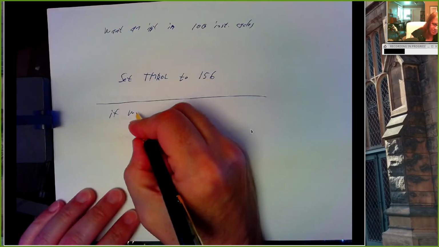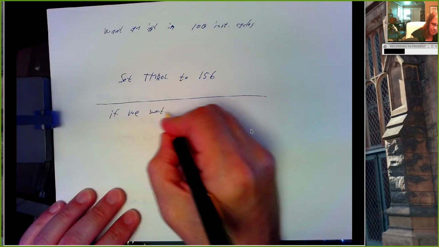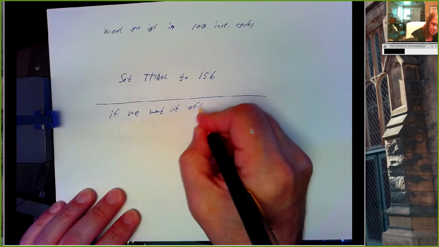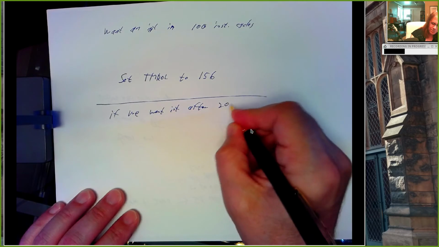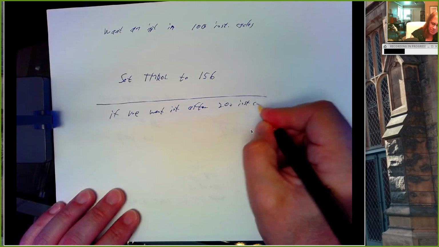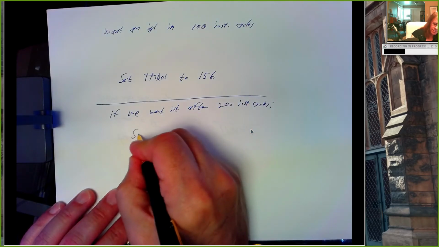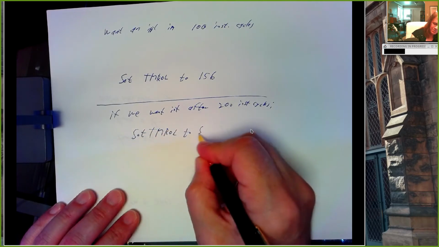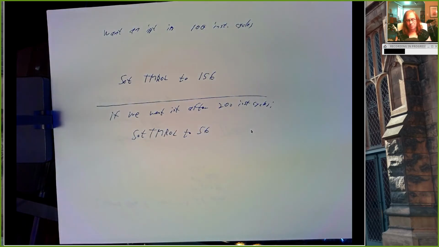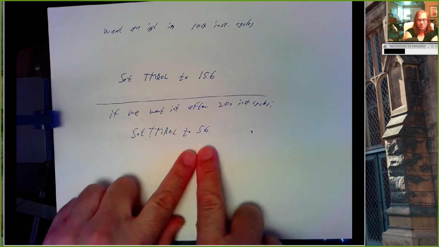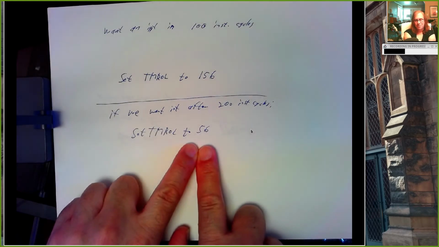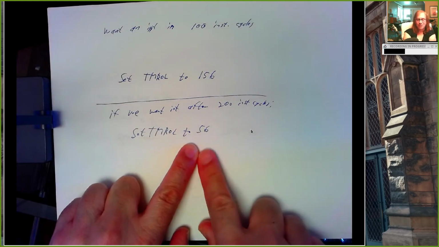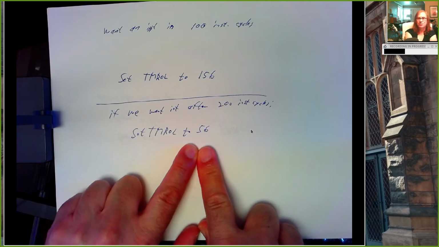So if we want an interrupt after 200 instruction cycles, set timer 0L to 56. Because of two things. One, every instruction cycle this will increment, which means after 200 instruction cycles this will increment to 256, which will overflow.